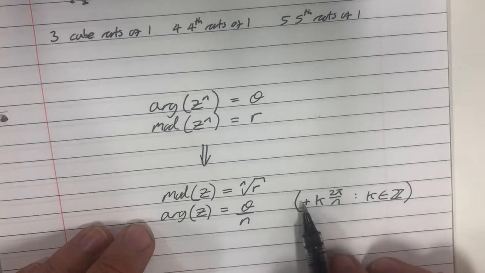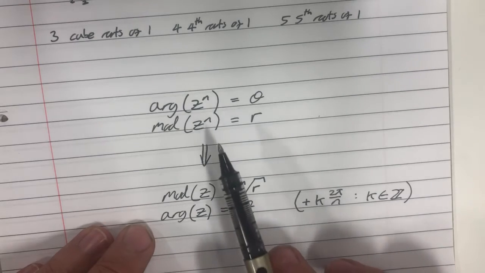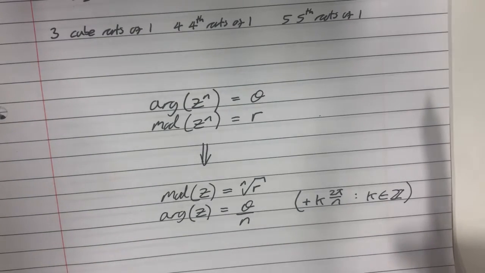And this will allow you to find all the other arguments that satisfy z to the n equals, well, whatever number you're given.